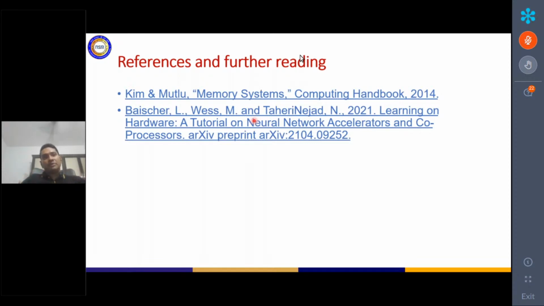For these benchmarks, you can refer to this paper.